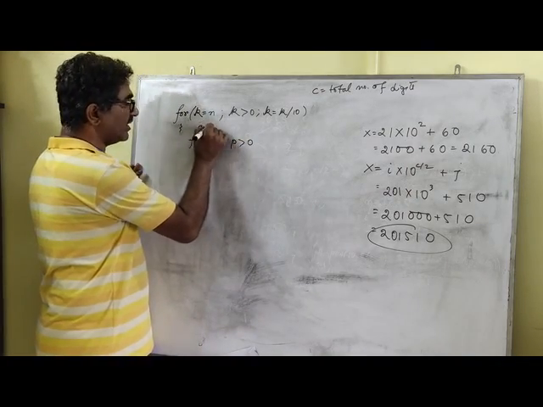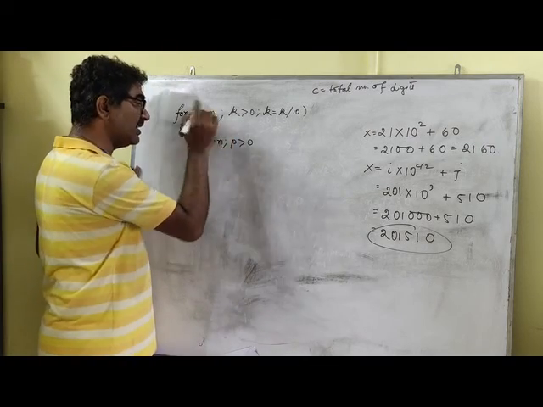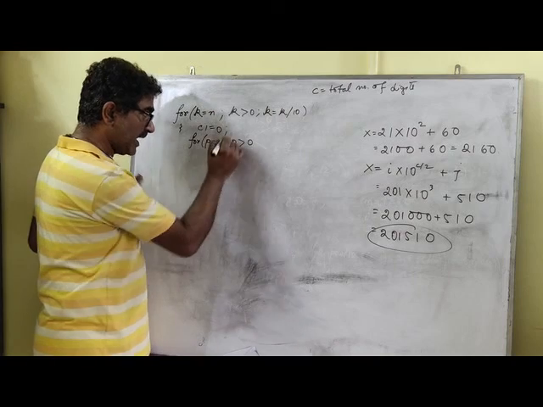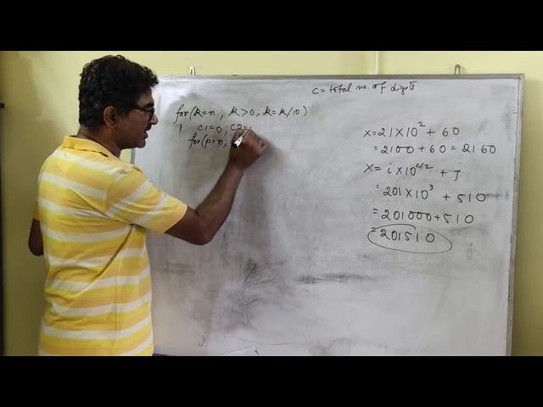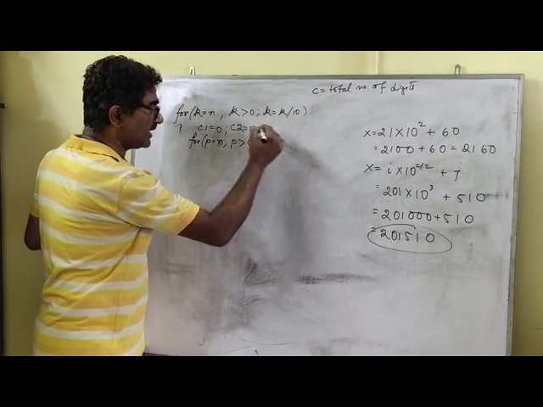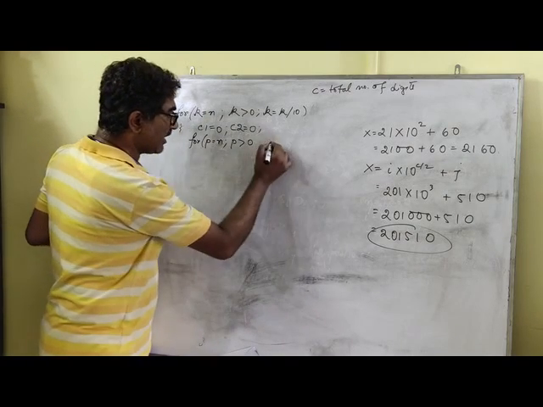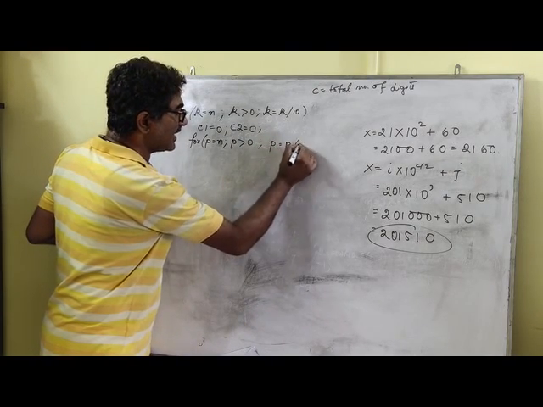Say C1 is the frequency of that particular digit in the given number, and C2 will be the frequency of the digit in the combined number, that is x. So first we are checking in the same number how many times it is repeated. So p equal to p by 10.